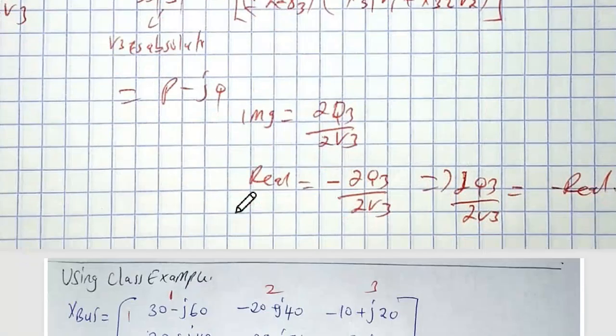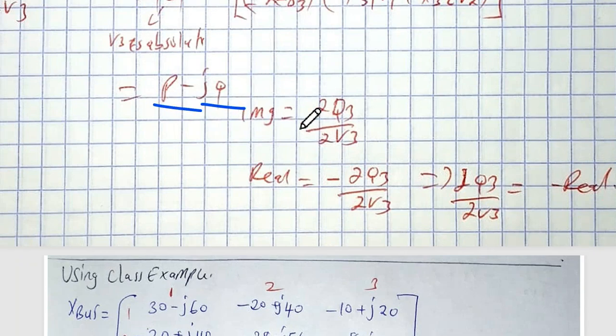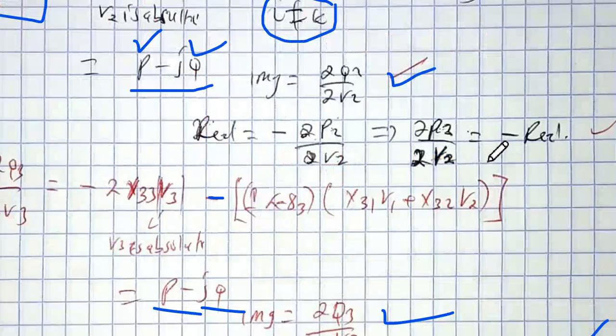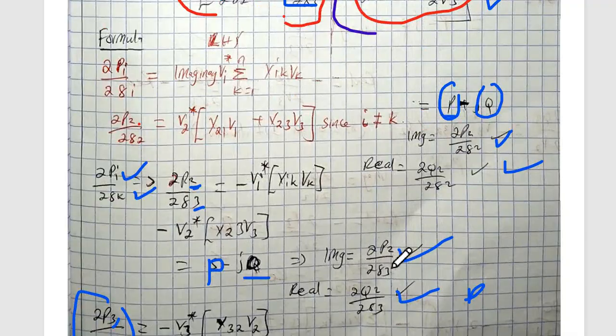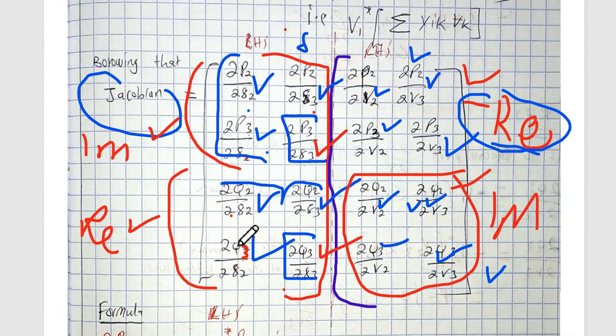If you do that again, P minus JQ, imaginary will give us that straight away, negative real will give us partial P3, partial V3. So you finish this by getting this imaginary and this real. So it's just like that.